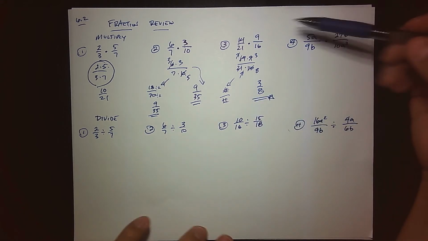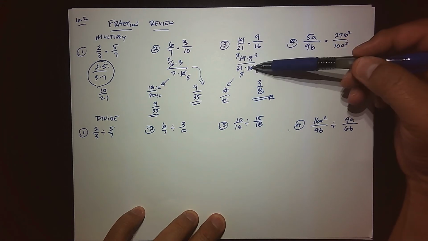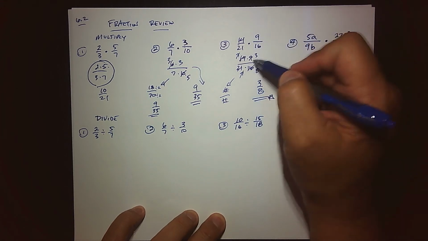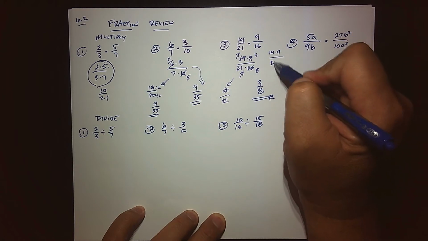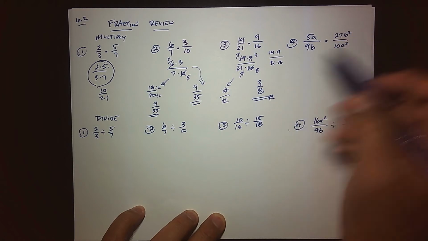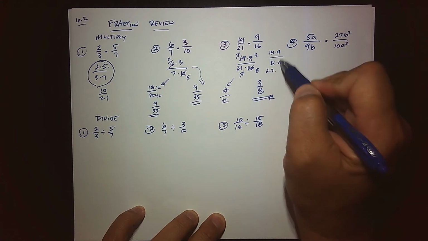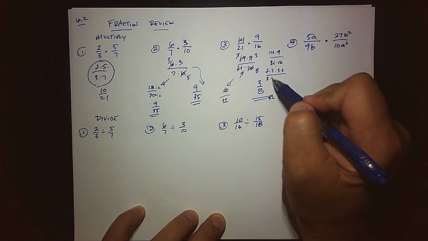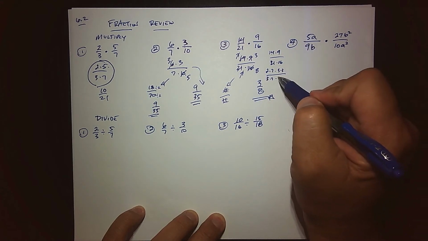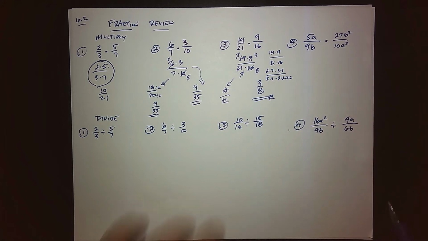So notice again, what I basically did is I simplified as I go. And if you don't really like that, let me come back to here. Fight the urge to literally do the multiplication, because it's crazy, but you can even factor. 14 is 2 times 7, and 9 is 3 times 3. 21 is 3 times 7, and 16 is 2 times 2 times 2 times 2.